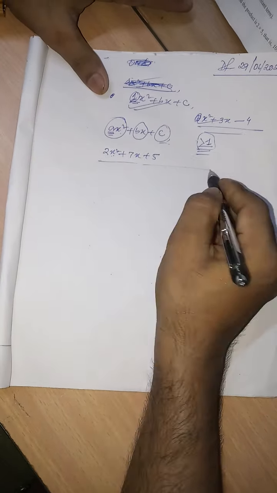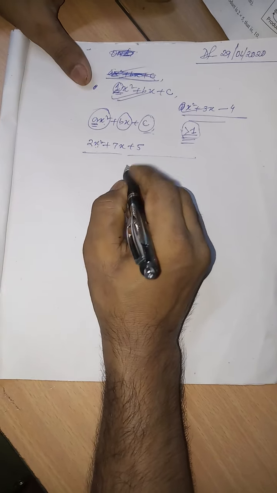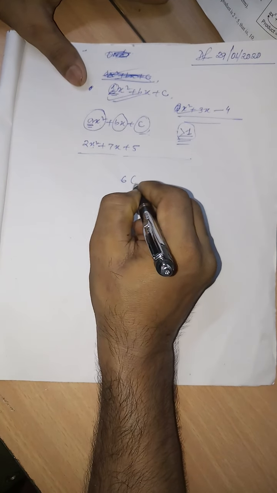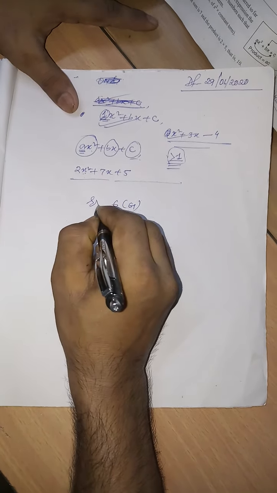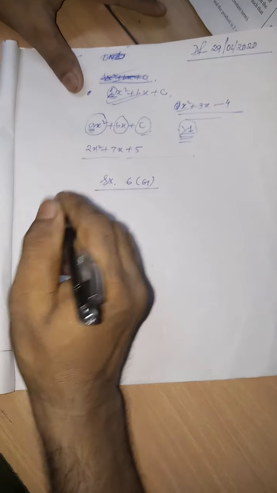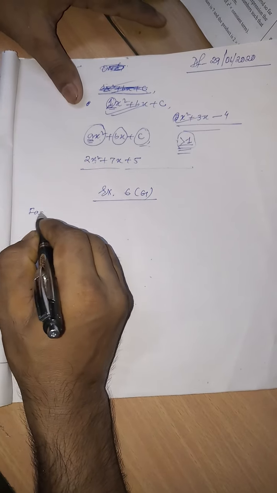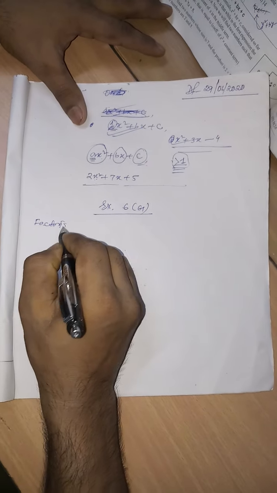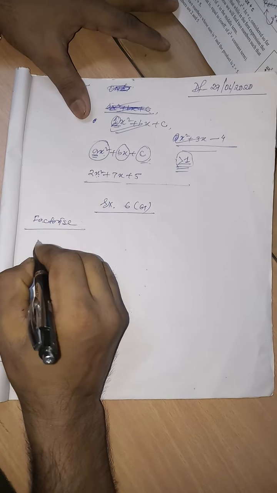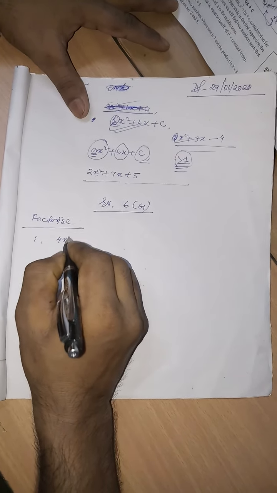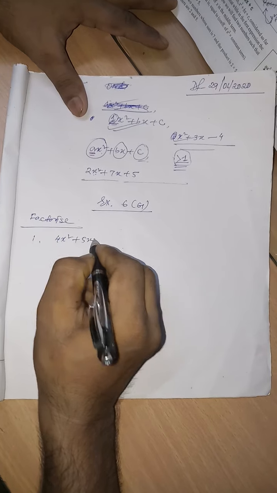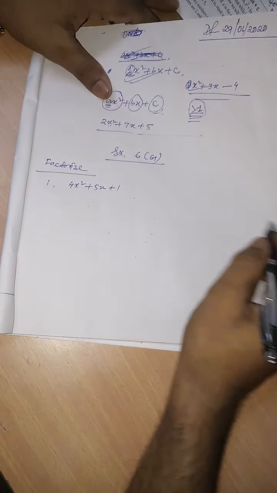Dear students, take out your exercise 6Z. The first question is: factorize 4x square plus 5x plus 1. I'll tell you very distinctly how it is expressed in factors.